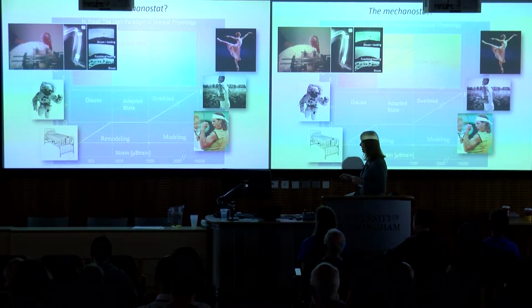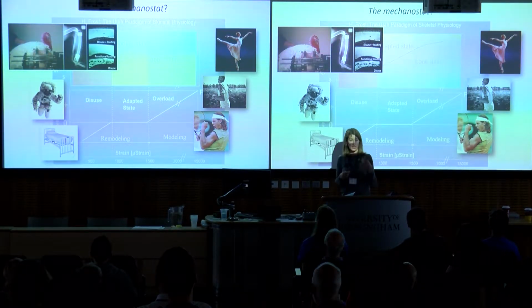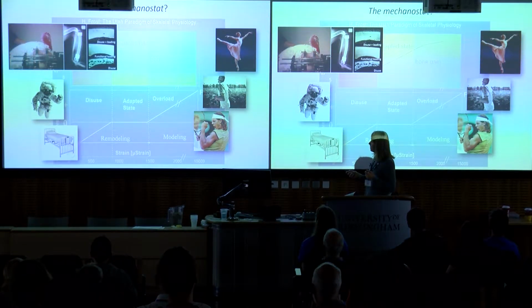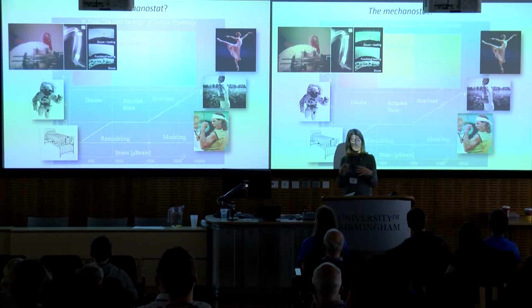And likewise, many examples from overload or increased strains, for example, in humans that undertake strenuous activities. People who undertake high impact or endurance activities, particularly later on in life, can still remodel their skeleton.